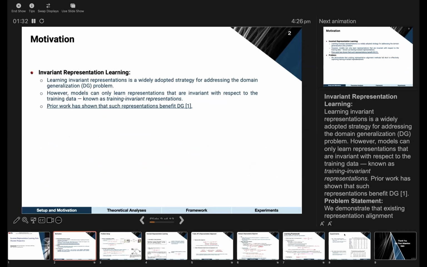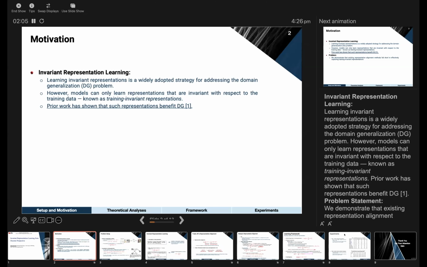Invariant representation learning is a dominant approach to address the domain generalization problem. For example, in the previous example, we can see that the shape of the animal remains consistent across both training and testing domains.